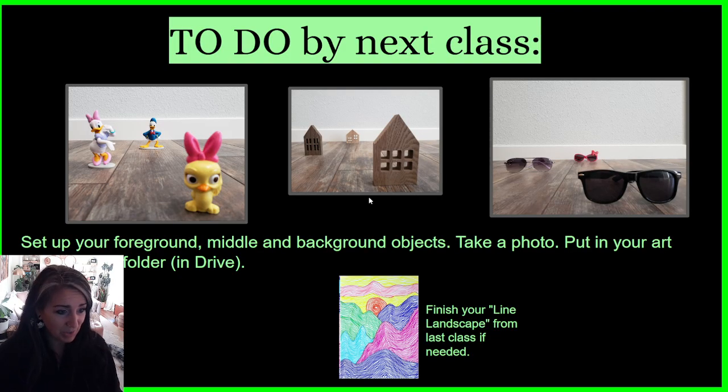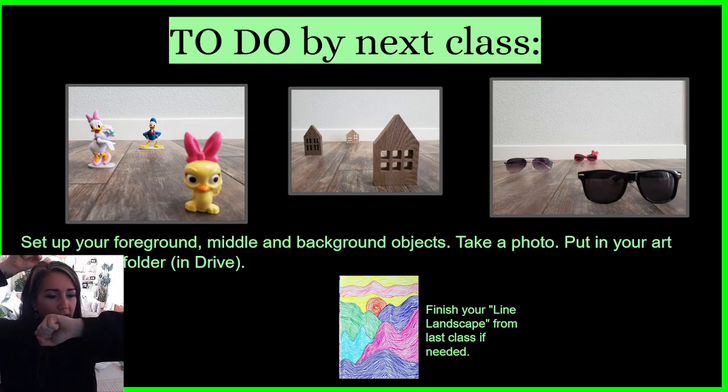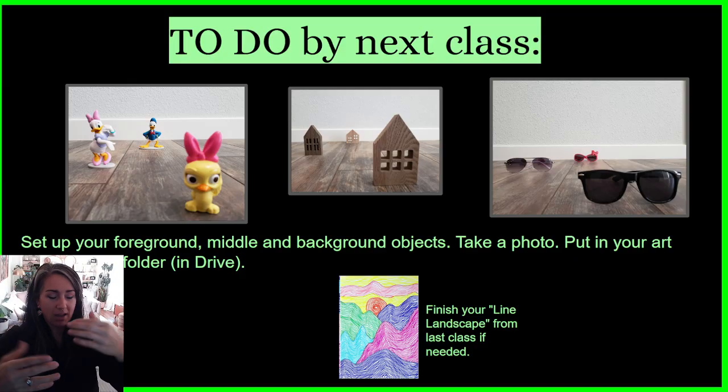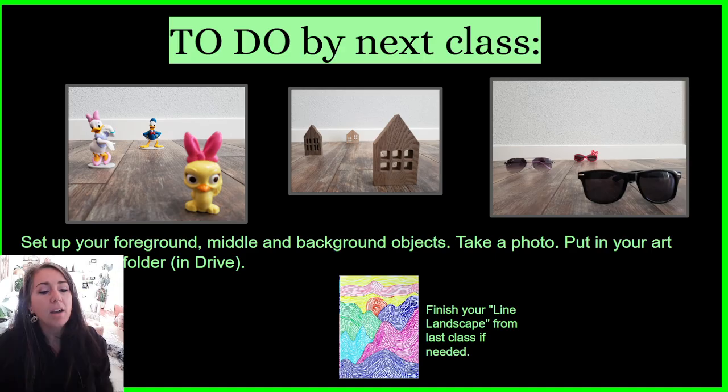So what you're going to do before next class is stand up those objects and take a photo. How do we want to do that? First off, they should be staggered. You don't want it to be like, here's this thing, and then here's that thing, because then the first thing's blocking the second thing and the third thing.